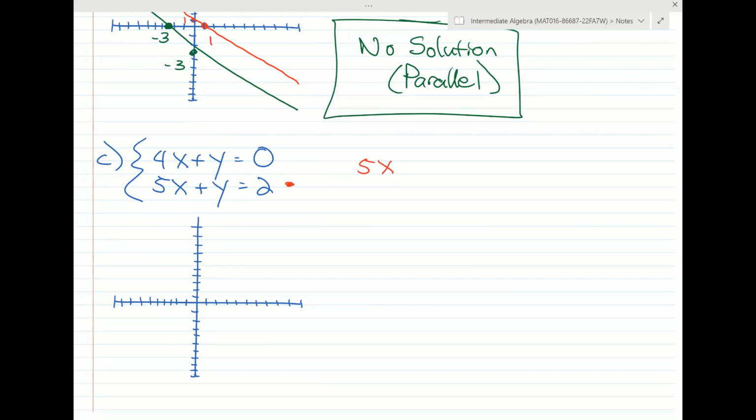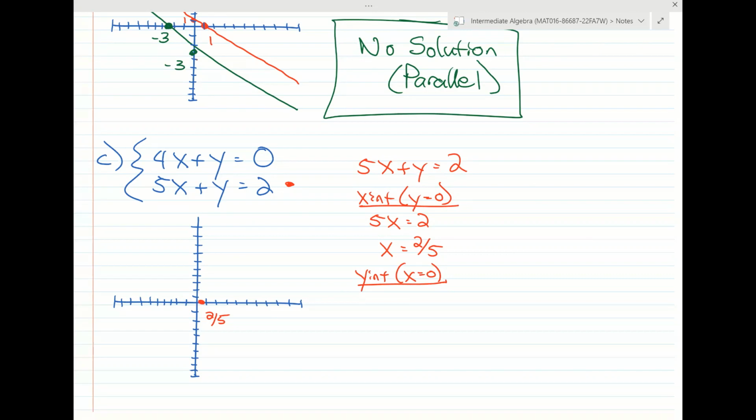So 5x plus y is 2. The x-intercept, we put 0 in for y. We just get 5x equals 2, so x is 2/5, or 0.4. Maybe over here somewhere. To get the y-intercept, you put 0 in for x, and you just get y is 2.